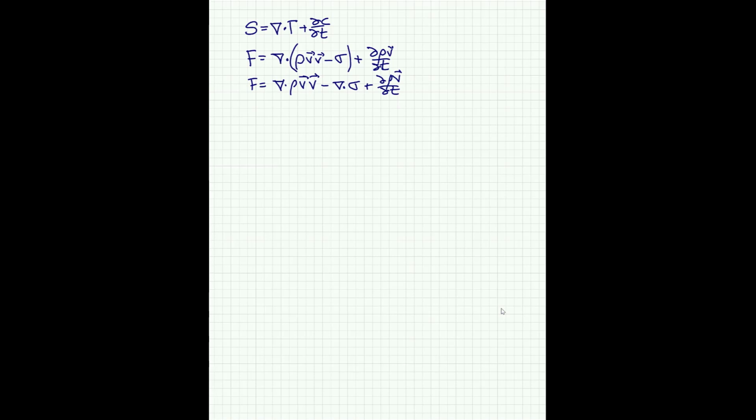We can then use a simplified constitutive law for the stress in the fluid, and we can say that equals minus the pressure plus the shear stress in the fluid. Substituting it in gives us this.